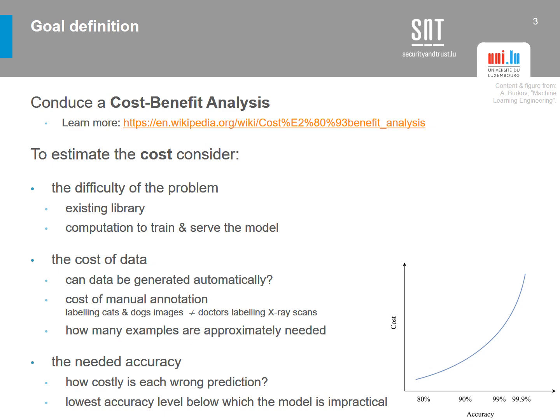For example, are there any existing libraries that allow us to train our model? If we have some existing library, then it will be a lot easier to find and train a good model rather than if we have to build it by hand. Hence, it's one of the questions that we have to ask.